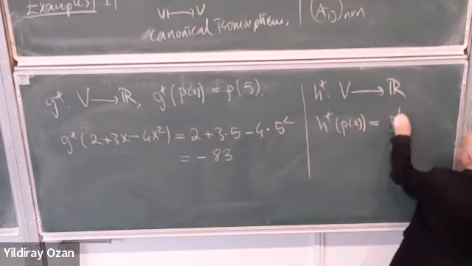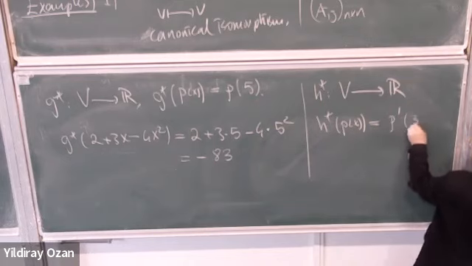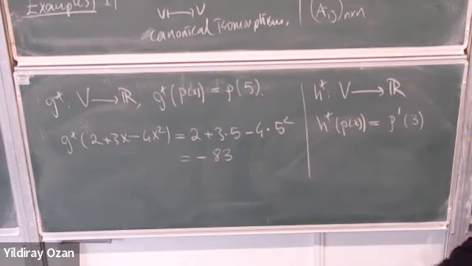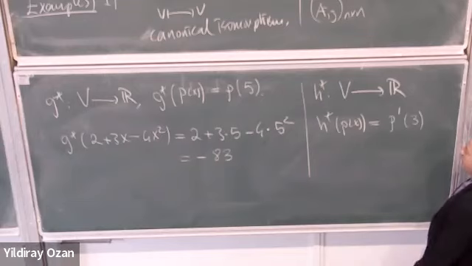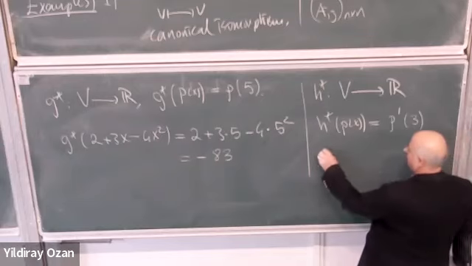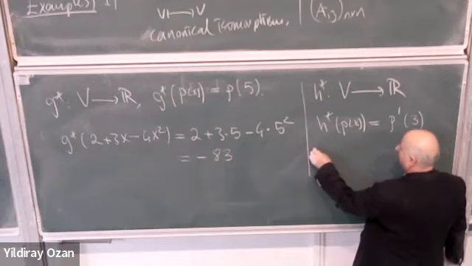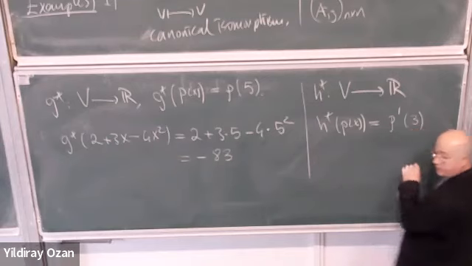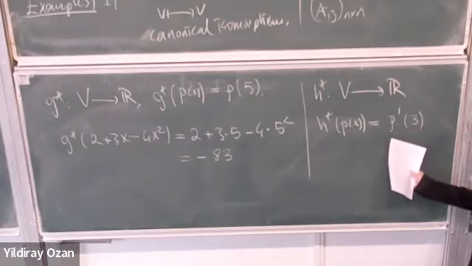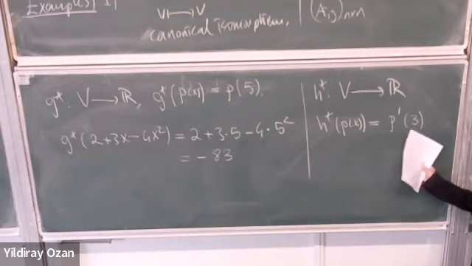Take its derivative and compute it at 3. This is also a linear map, right? I'm skipping the details, but this is also a linear map, right?